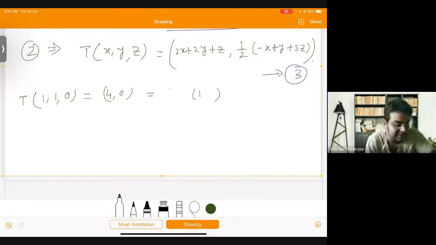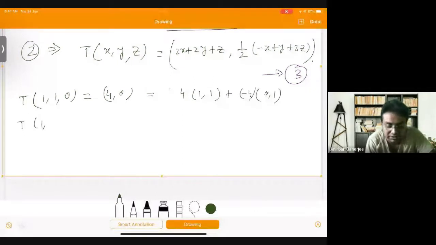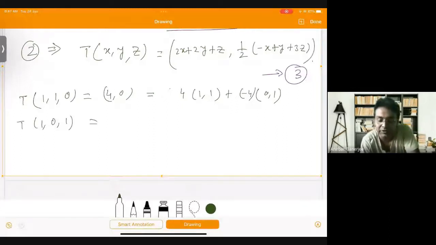Okay, the next one, T of 1 comma 0 comma 1. Now apply the formula in equation 3. We'll get that this will transform as vector 3 comma 1. But again, we have to represent.